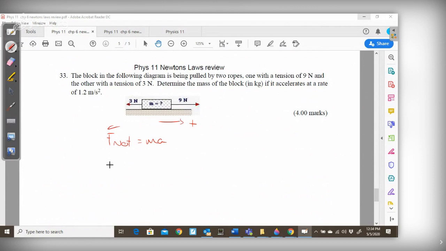So our F net is going to be 9 plus a negative 3 newtons. This is going to be our mass times our acceleration, which is 1.2 meters per second squared. 9 plus negative 3 is equal to 6. We're going to divide that by 1.2. That will be our mass. And that works out to be 5.0 kilograms. There you go.